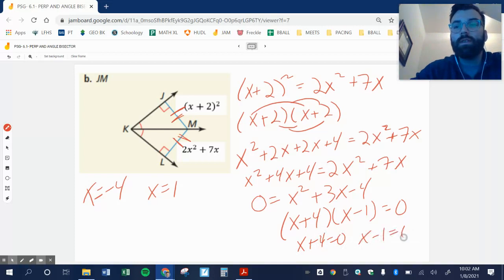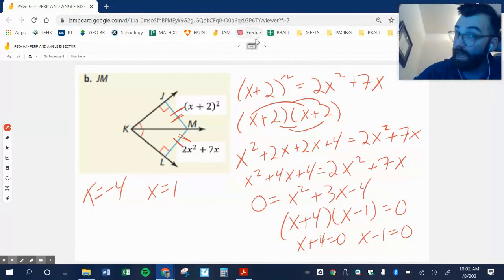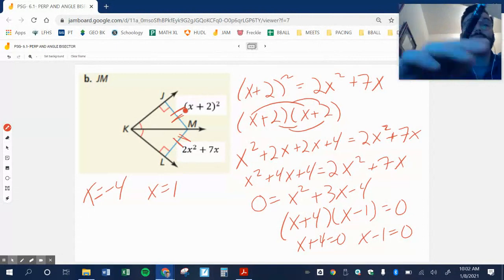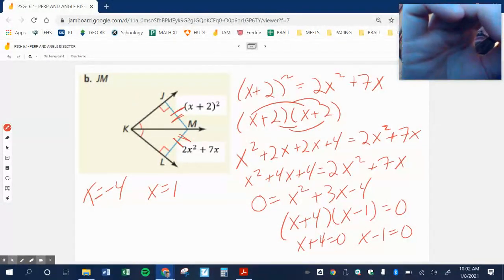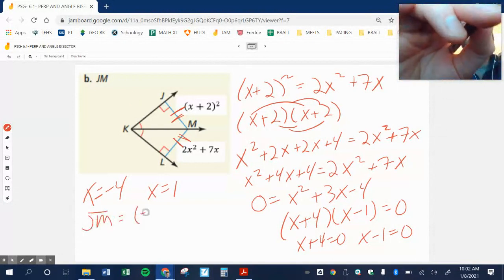So the question is, which value works? Well, if I want to find JM, they actually both work. Both x values work, so JM can have two values. For negative 4, that's negative 2 squared.